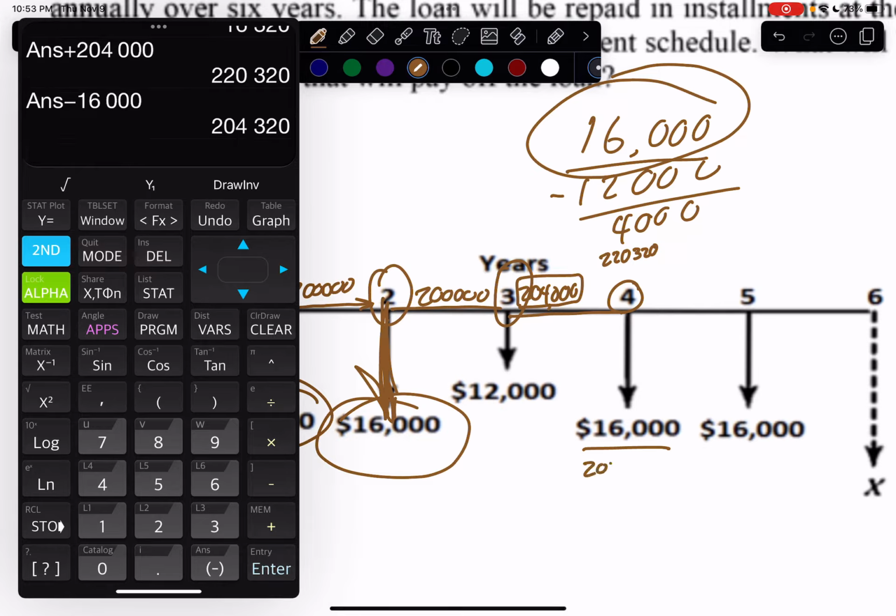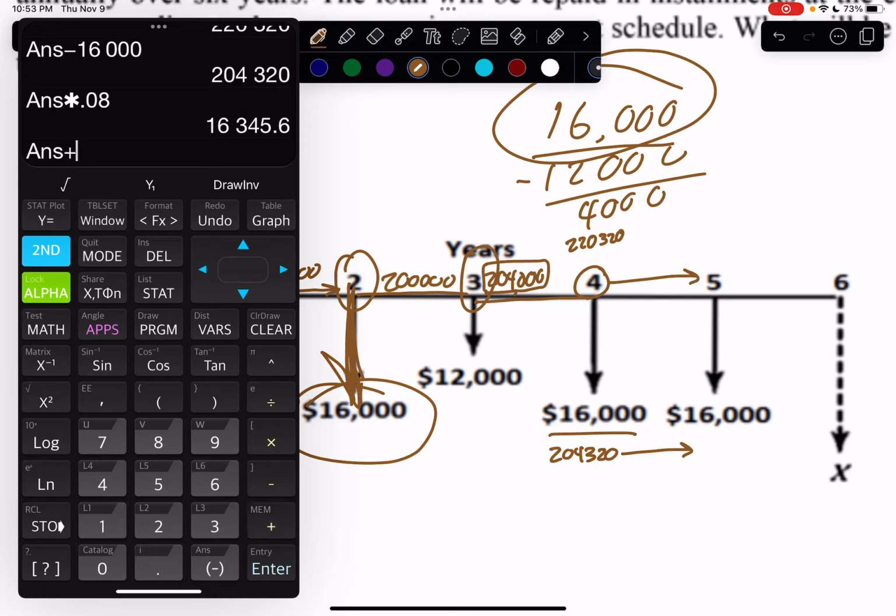So at the end of year 5, you need to calculate your interest. So let's take our $204,320 times 0.08. That's how much interest we have for this year, from year 4 to year 5. So let's add that back to our loan of $204,320. So at the end of year 5, that's how much we owe.